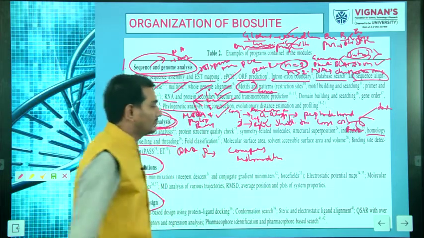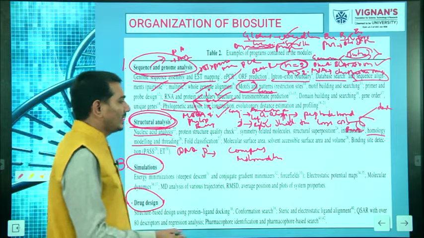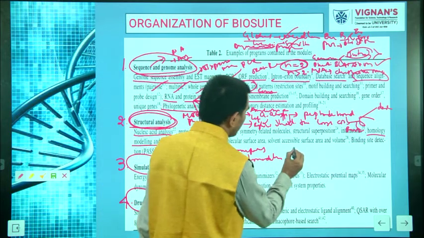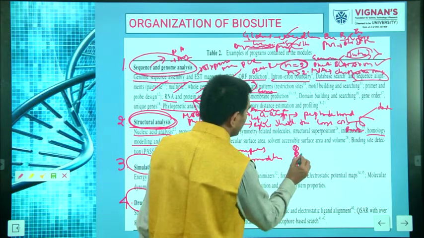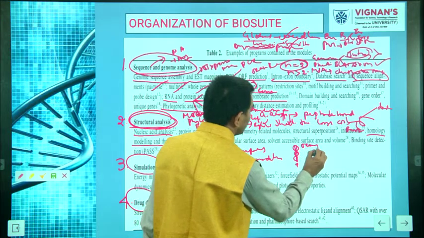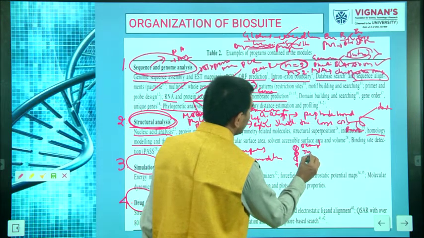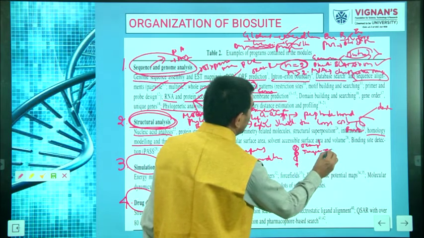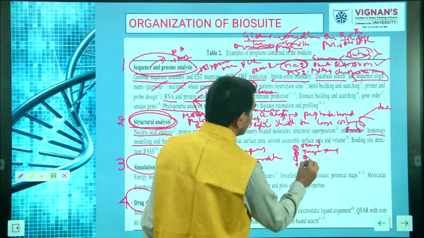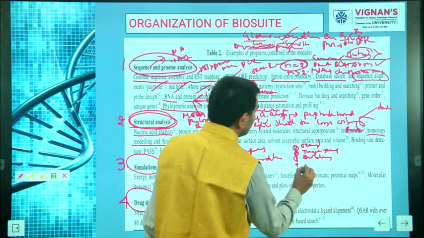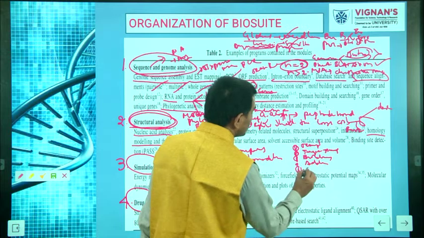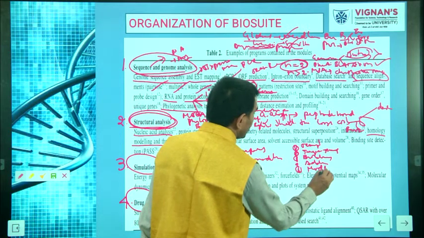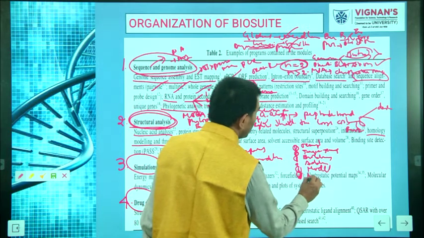Here in comparative modeling or homology modeling or molecular modeling, it consists of 6 important steps. First step is template selection, second step is target template alignment, third step is building model framework, fourth step is adding loops and side chains, fifth step is model optimization, and the sixth step is model evaluation.